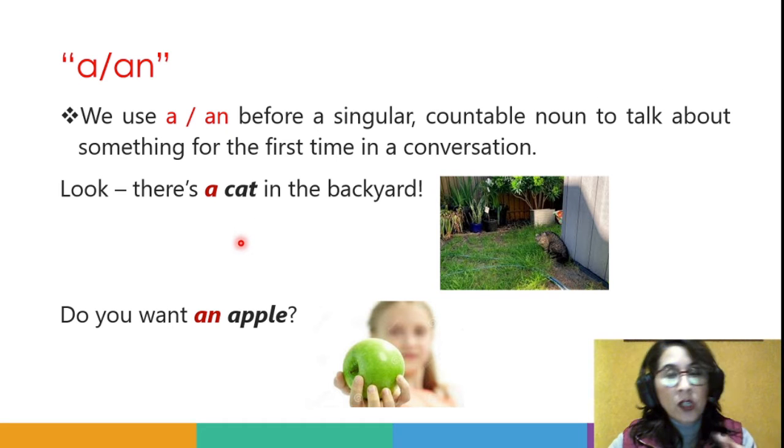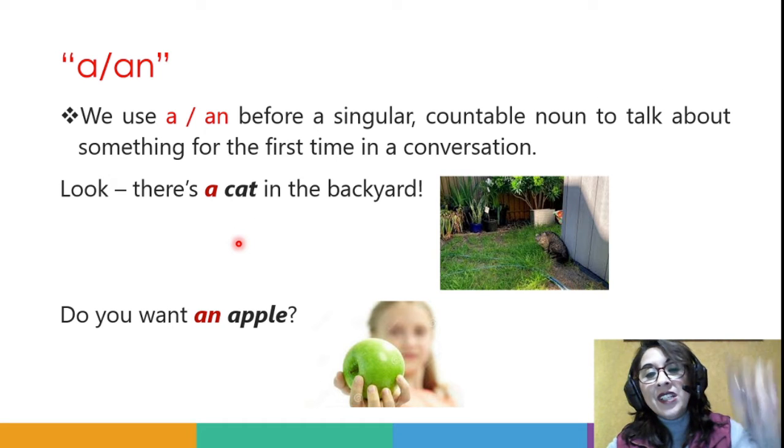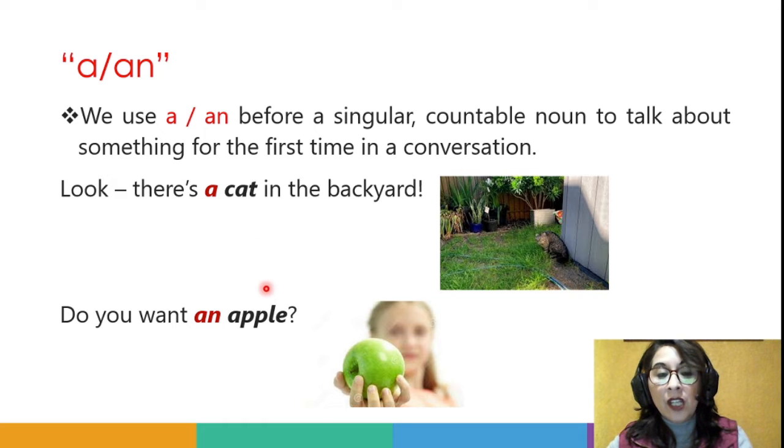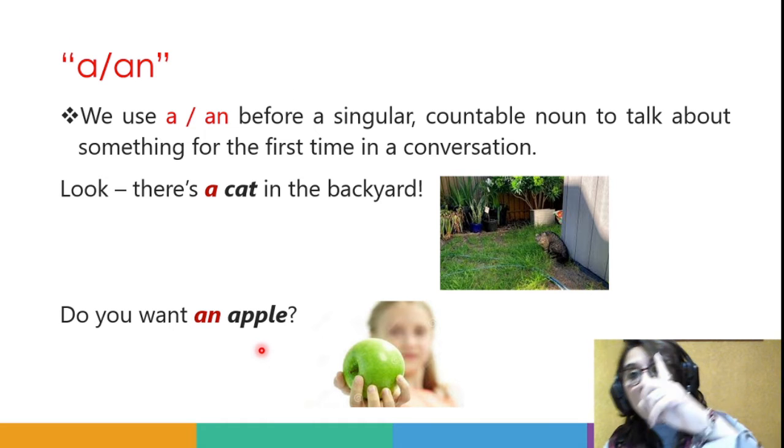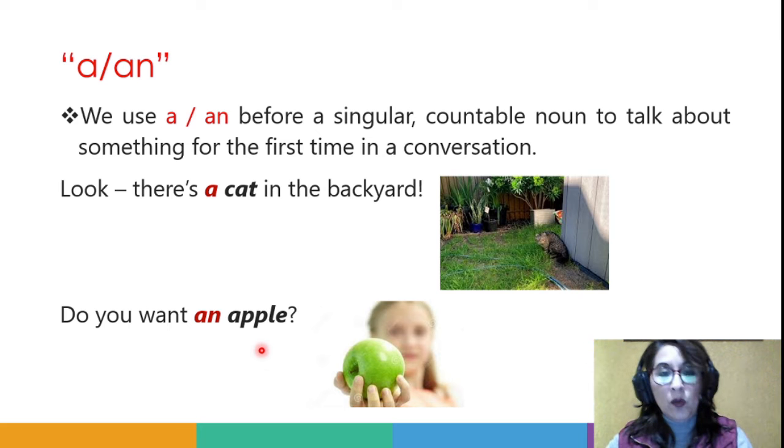So you are talking with a person and say, look, there's a cat in the backyard. Or in the other conversation, when you offer an apple and you say, do you want an apple? So don't forget the first rule: a, an before a singular countable noun, when you talk about something for the first time in a conversation.